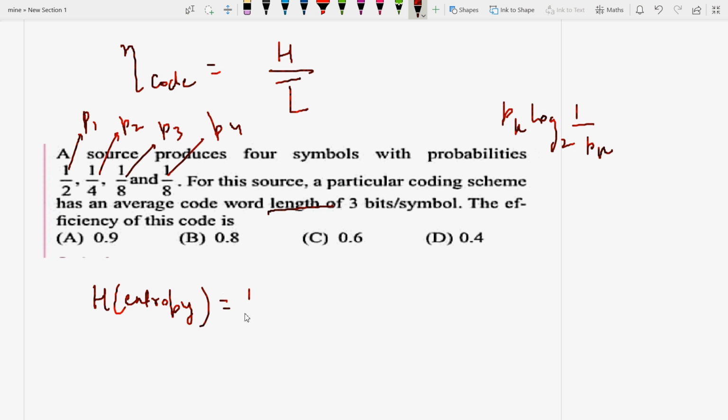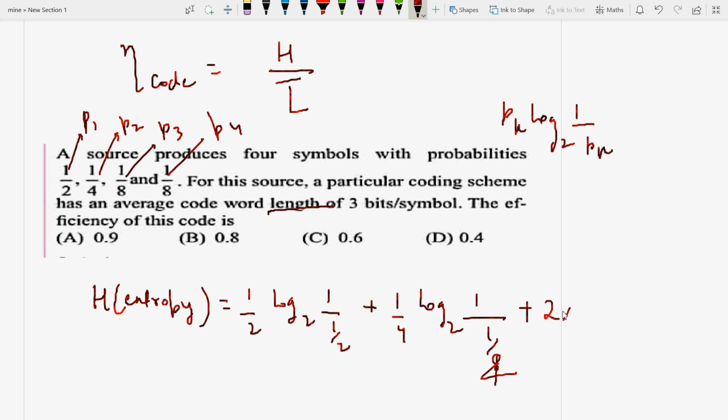So entropy is equal to half into log base 2 of 1 upon 1 by 2, then plus 1 by 4 log base 2 of 1 upon 1 by 4. Then as p3 and p4 are repetitive in nature, I will write it as twice into 1 by 8 log base 2 of 1 upon 1 by 8.